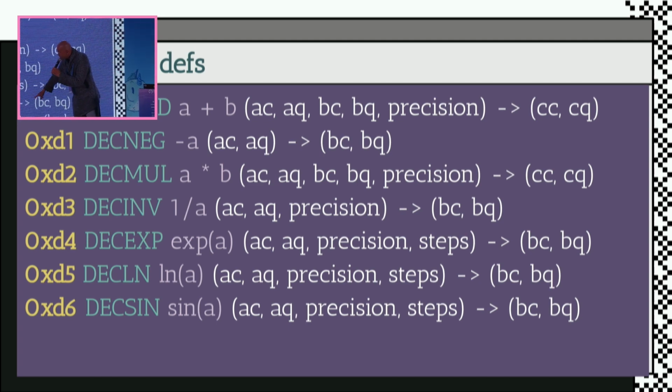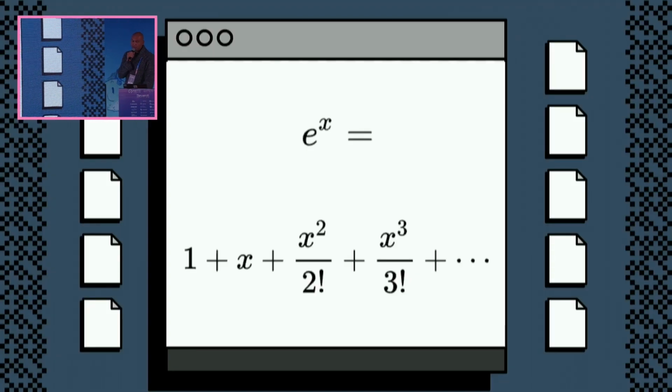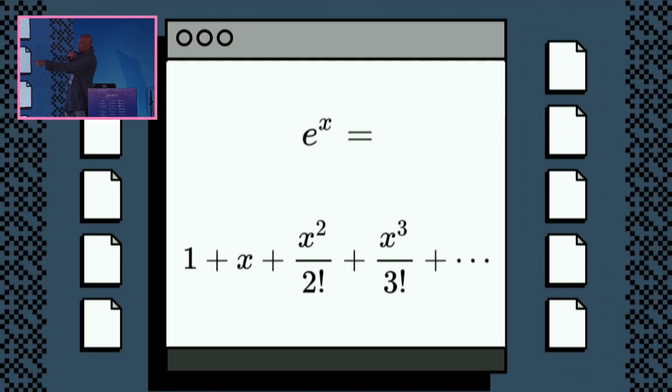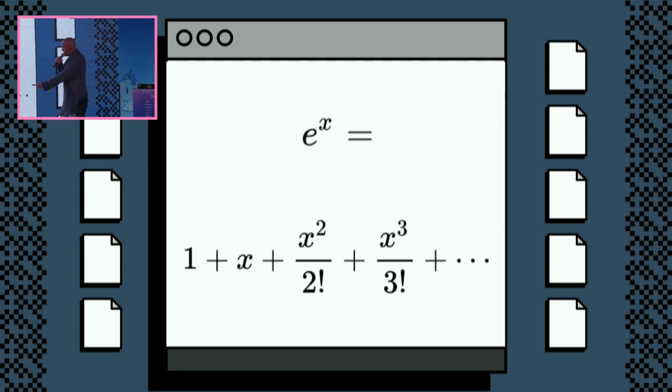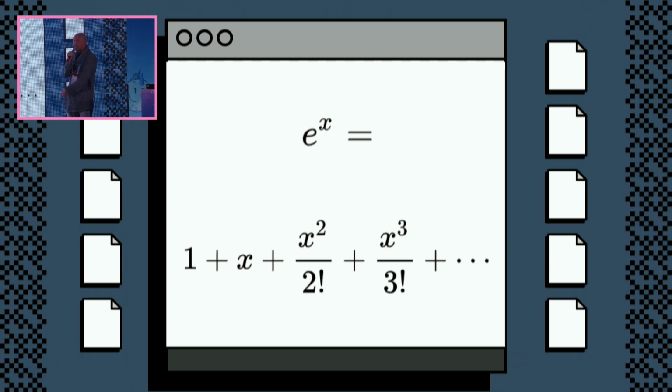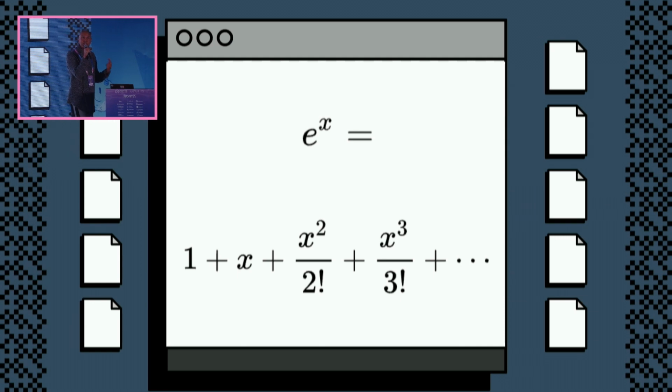How are these exponential, log, and sine, by the way, calculated? Perhaps you remember the exponential can be expanded into simpler terms, a polynomial, an infinite one. But the more steps you make, the more precision you get in your answer.